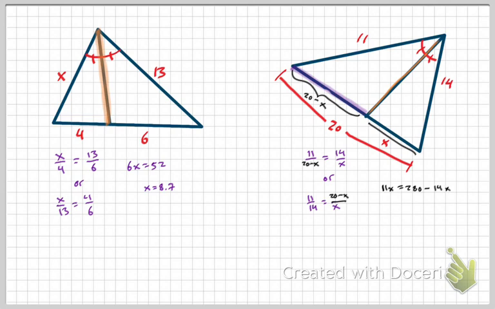So 11x equals 280 minus 14x. Add 14x to both sides, and I get 25x equals 280. 280 divided by 25 is 11.2. So x equals 11.2.